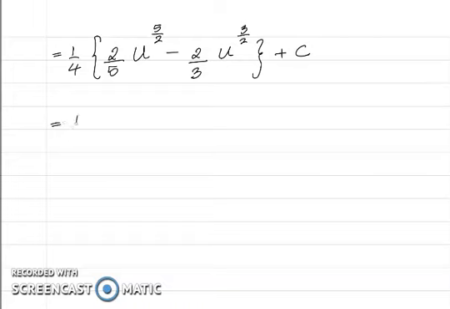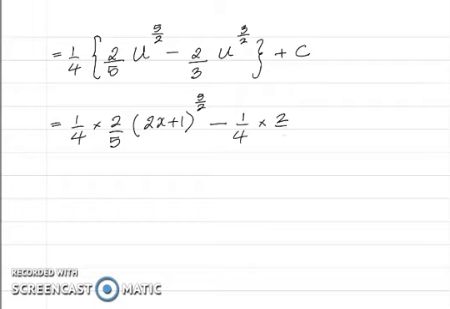So this becomes 1/4. And u, if you remember, u is equal to 2x plus 1. So this becomes 1/4 times 2 over 5 times (2x plus 1) raised to the 5 over 2 power, minus 1/4 times 2 over 3.